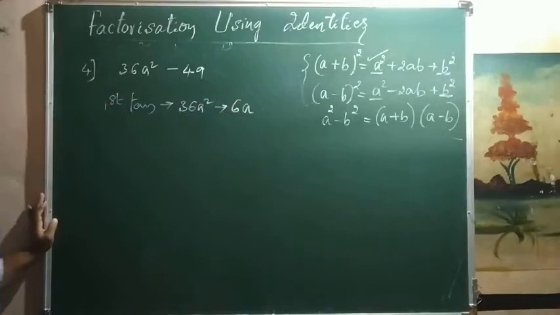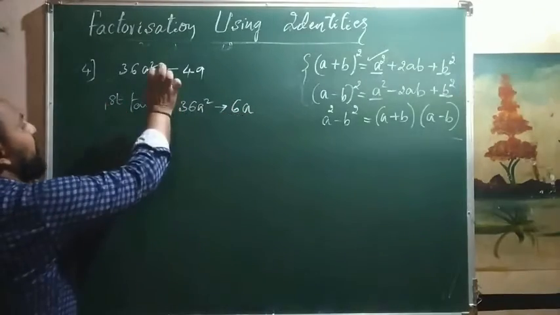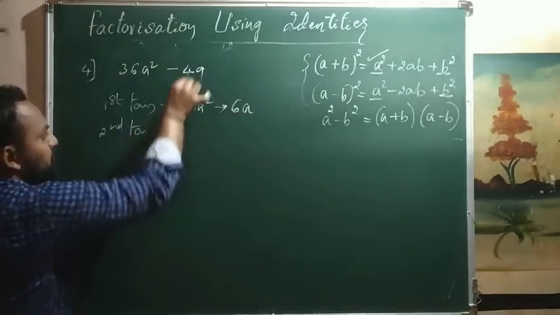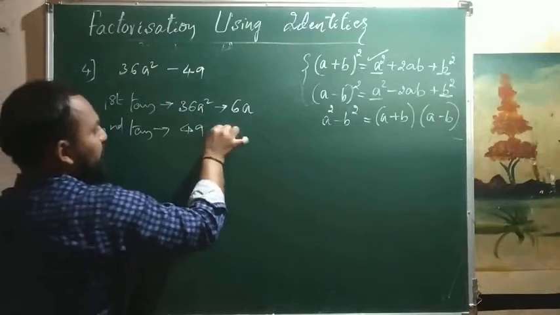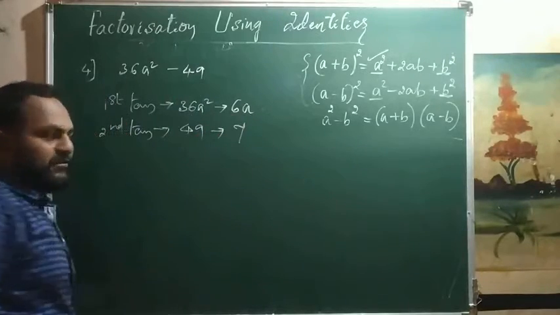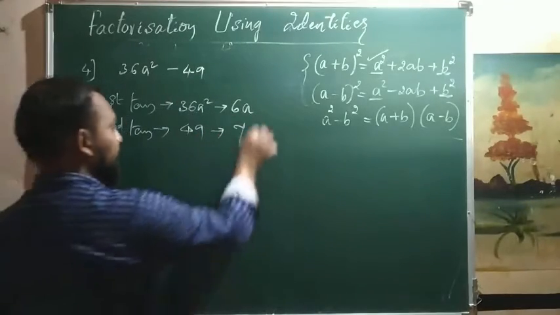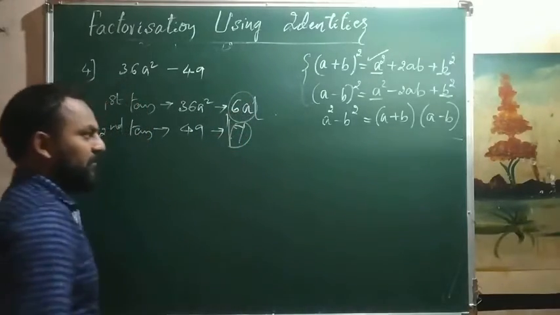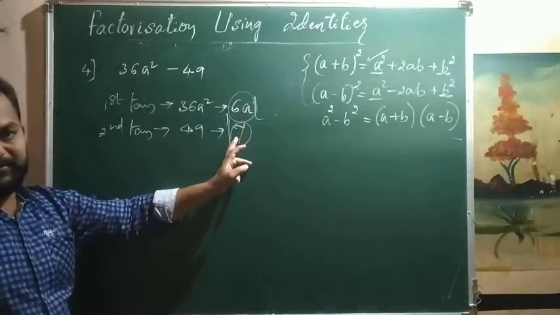The square root of a square is a. The next, the second term 49. The square root of 49 is 7. It means this is a and this is b. a is 6a and b is 7.